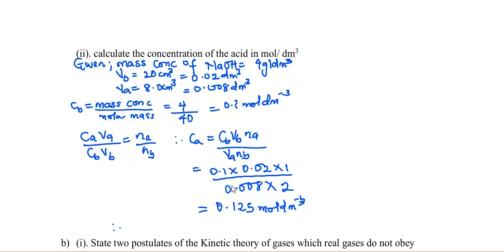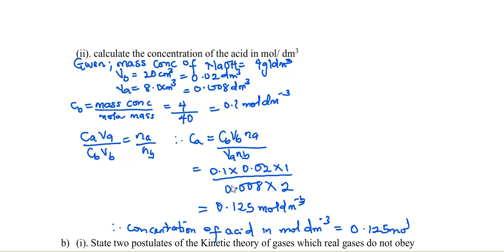Therefore, we can say the concentration of the acid in mol/dm³ equals 0.125 mol/dm³.